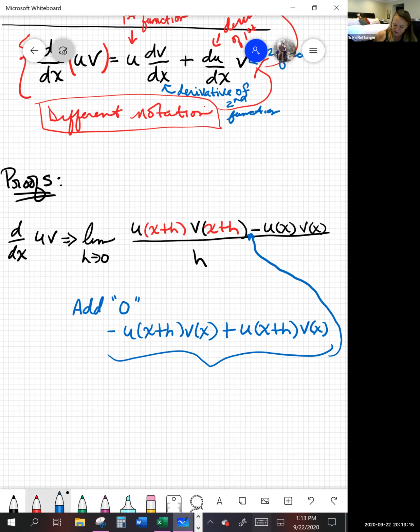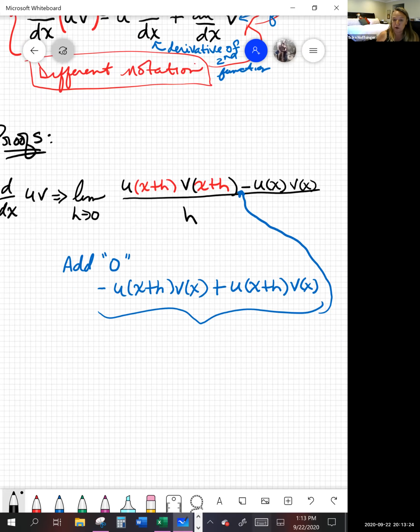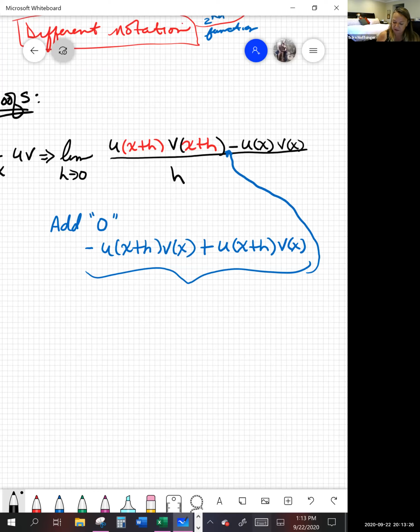The whole point of doing that is so that I can do some factoring by grouping and manipulate it to look like our difference quotient, that limit of our difference quotient, which we know is equivalent to the derivative.